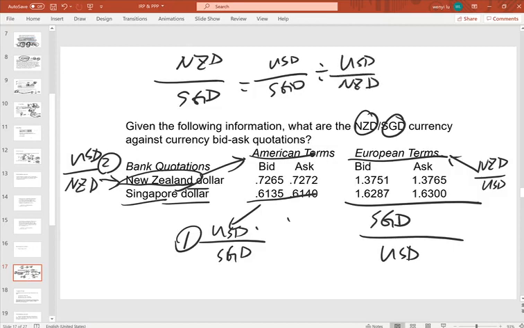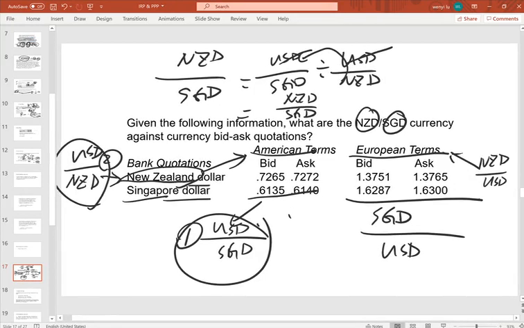So USD and USD will be cancelled out, then this one will be moved to the top. It will be New Zealand dollars toward Singapore dollars. So that's the 1 over 2, so we know this will be divisions, the cross divisions.